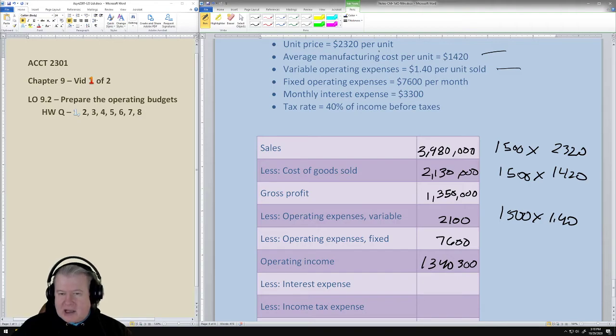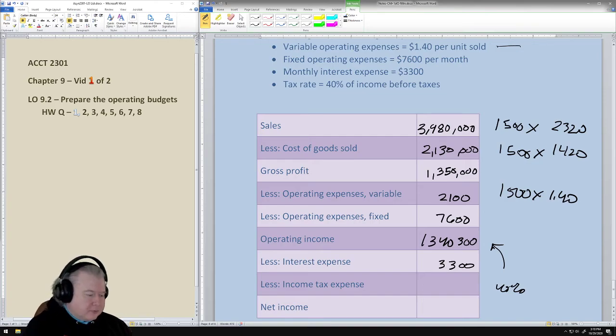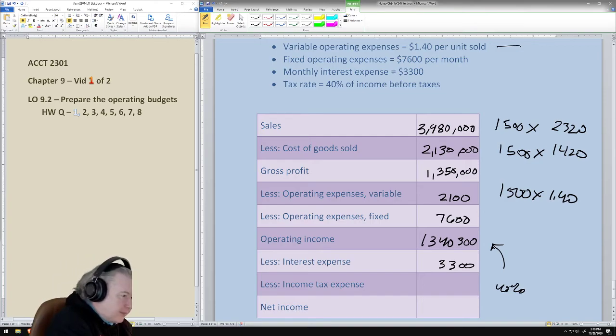Some books do this and some don't, but I like the fact that they have the other expenses, which is interest expense and taxes. Taxes are 40%, and I think it's going to be calculated off of this here. 40% of income before, well, let me just double check.